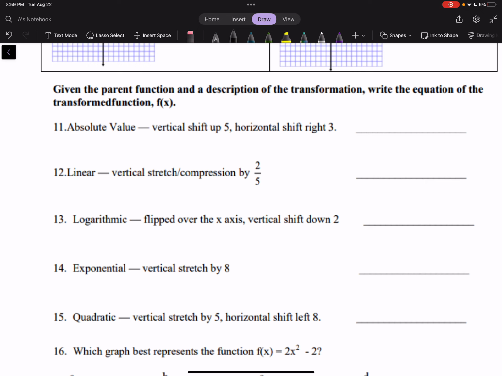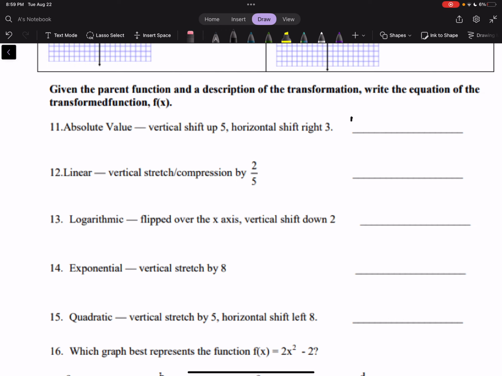Graph these functions given the description. So the absolute value, so we have y is equal to absolute value of x, a vertical shift up, so that's going to be +5 on the end, a horizontal shift to the right, that's -3 inside. Linear, y is equal to x, vertical compression of 2/5, we're just going to put that there.